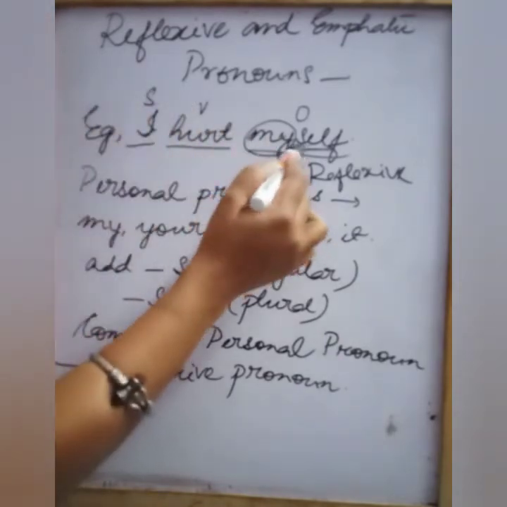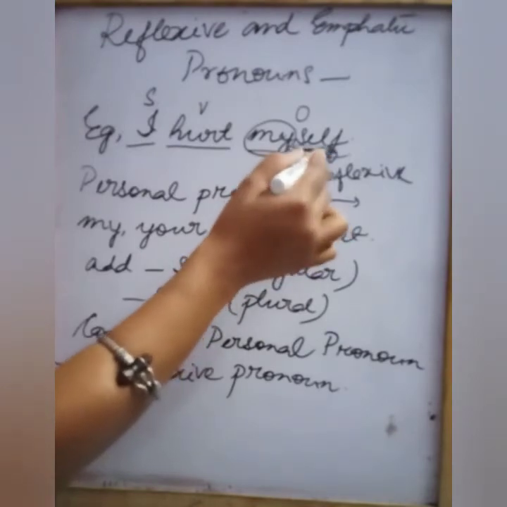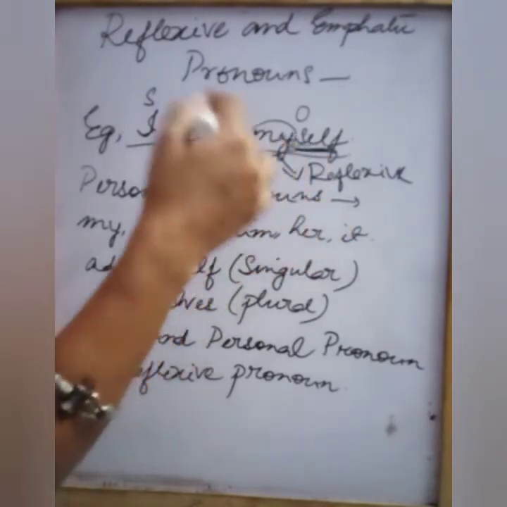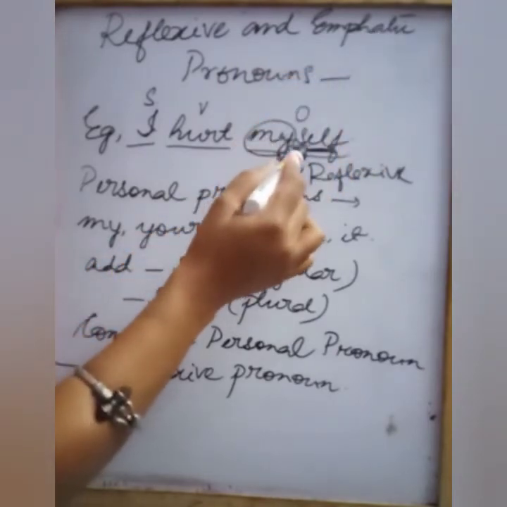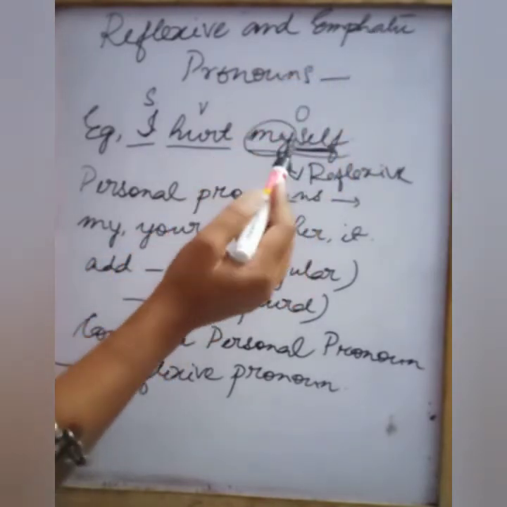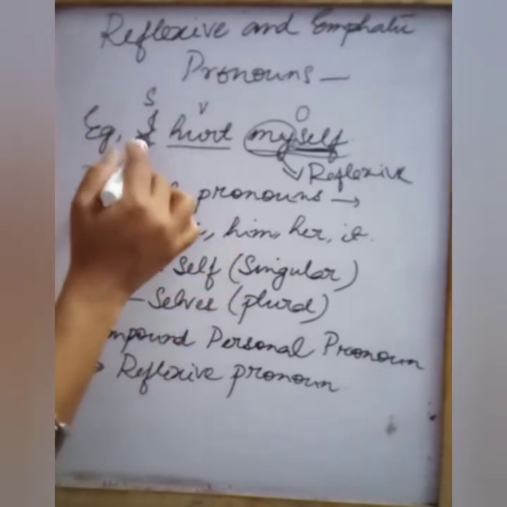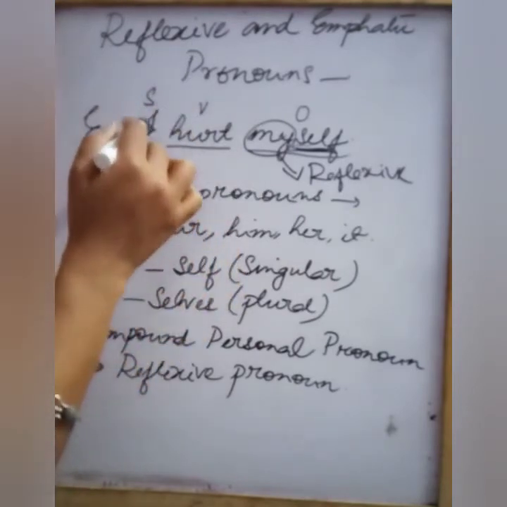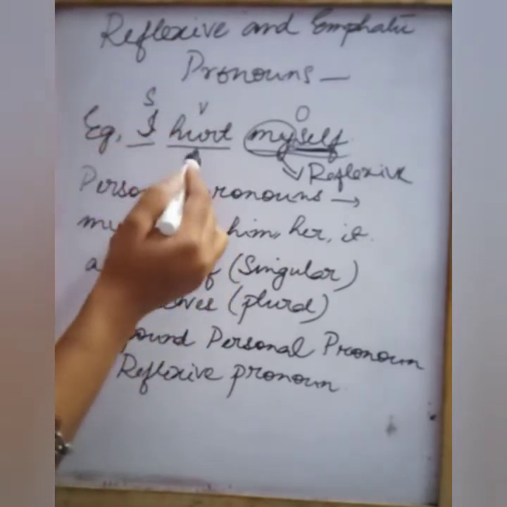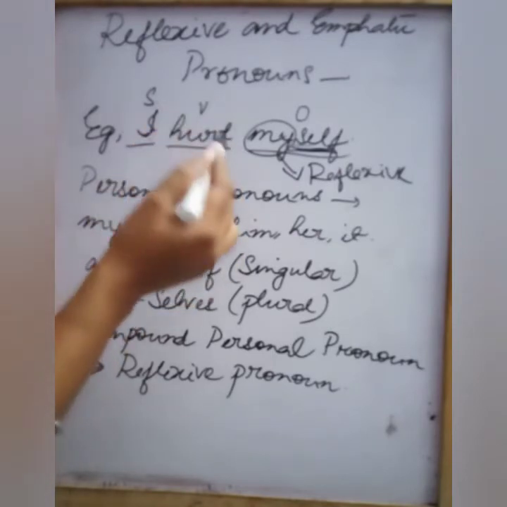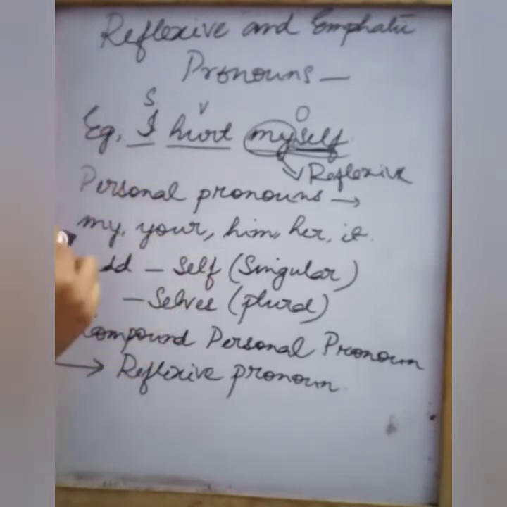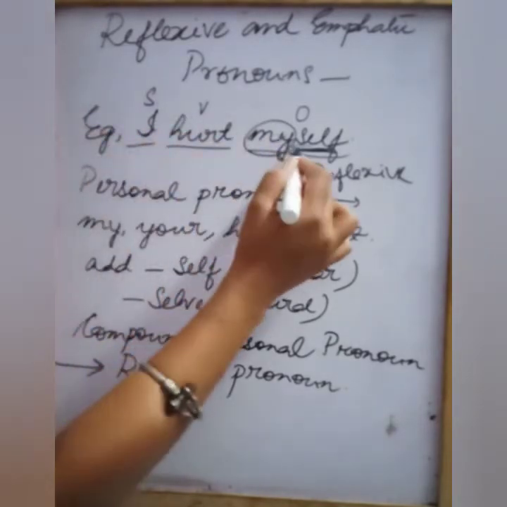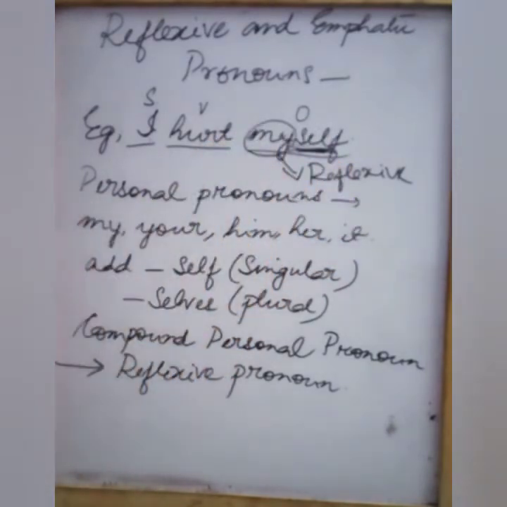In the second category, that is the emphatic pronoun, we also use all of these: myself, herself, himself, themselves. But here is the difference. When the subject's action is having an impact on himself, such pronouns are called reflexive pronouns.